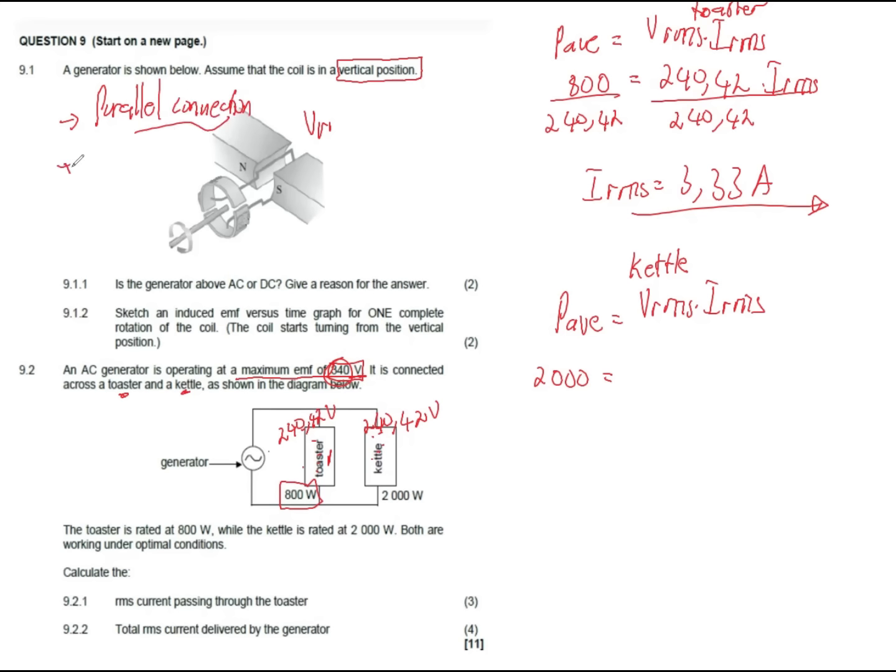Number one, voltage is the same throughout the resistors or the electrical components. Remember, these are known as the resistors. Then the current is divided amongst the resistors or amongst the electrical devices.